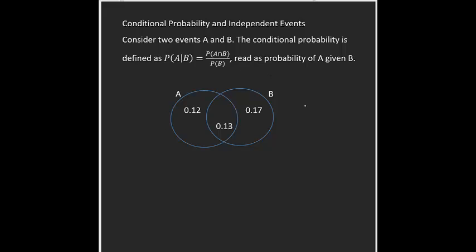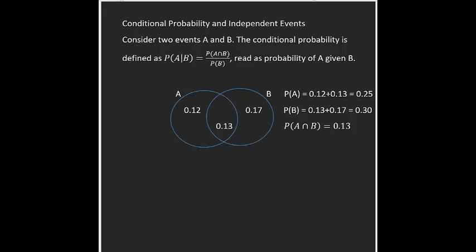Let me write what we have in this diagram. We have collected all the information. Probability A is 0.25 and probability B is 0.13 plus 0.17, which is 0.30. And the intersection, probability A intersection B, is 0.13.